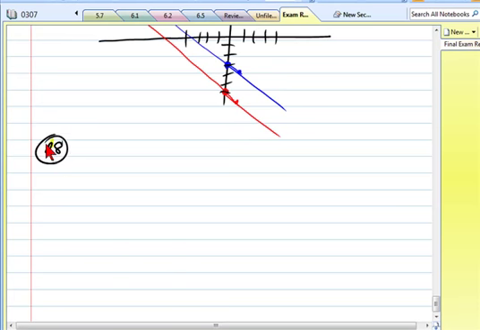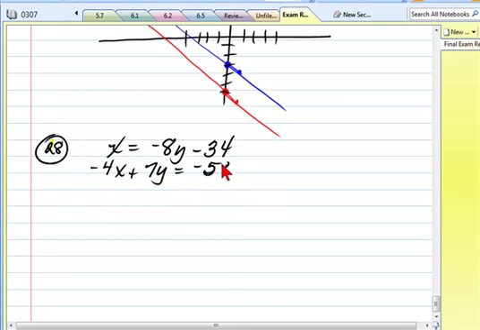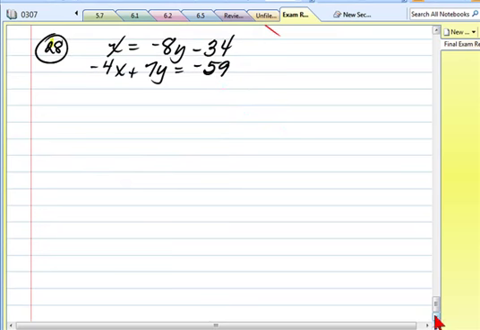Problem 28 has the system x is equal to -8y minus 34 and -4x plus 7y is -59. Your choice. Does this system look like it's ready for addition or substitution?